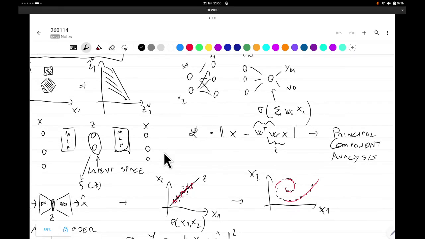I also mentioned that if you had a linear only network, this operation would find nothing else than the principal component analysis, up to the dimensionality, that is the number of nodes that you have in the latent space. With principal component analysis, you have all the eigenvectors, and then you select how many you want to keep. While if you do this, you would be forced to have the dimensionality given by the number of nodes in the inner layer.